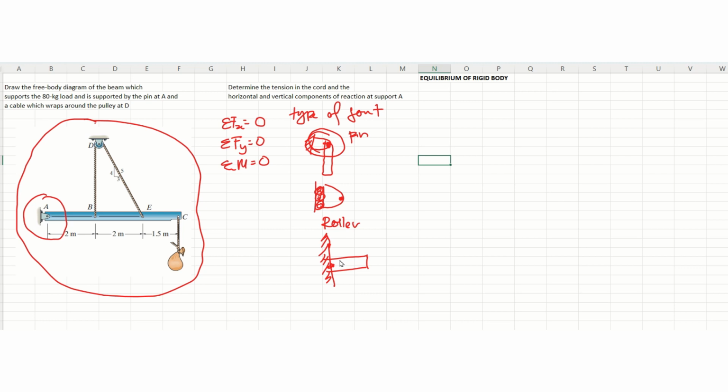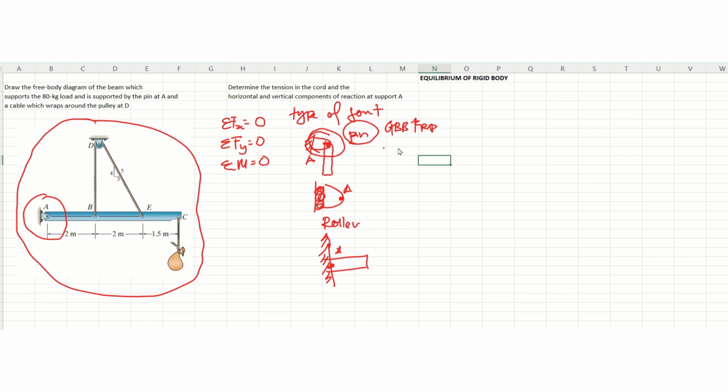If we want to draw the FBD, free body diagram, for the pin, we will have two forces. Let's say this one is A, commonly used in the joint.